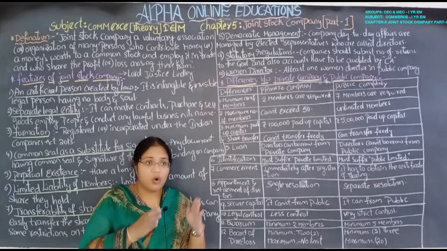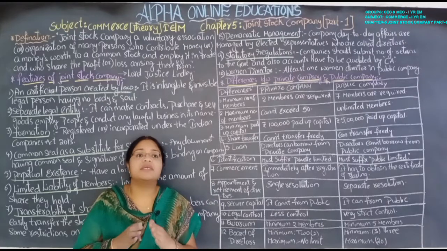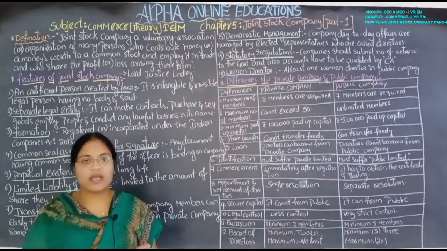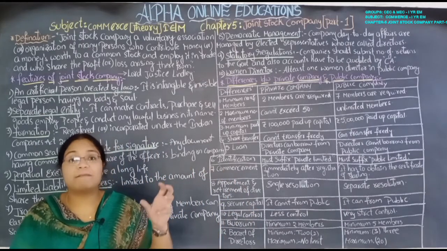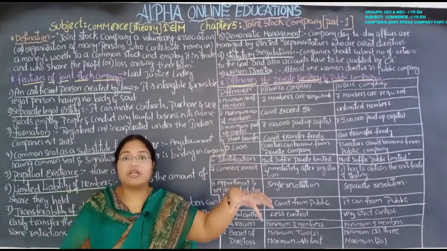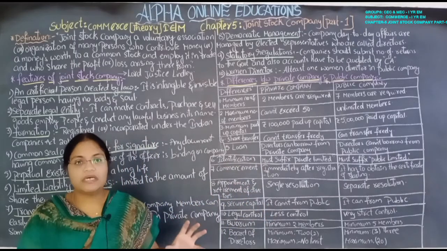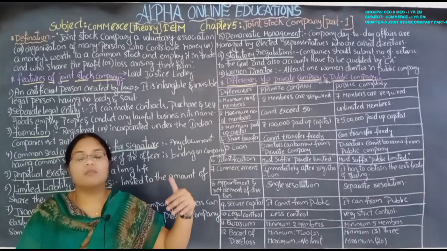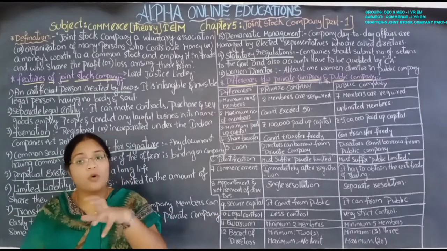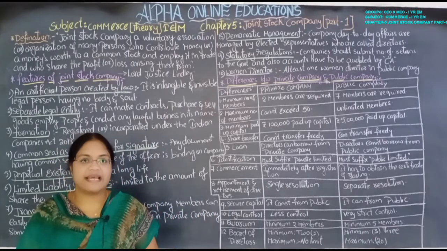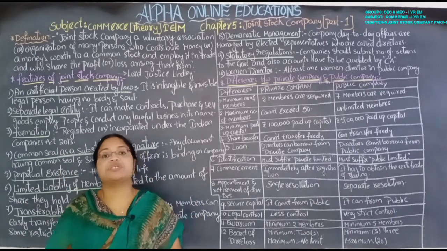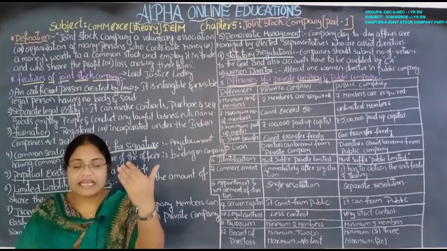Owner and management are also different. Owner means who brings the capital by purchasing the shares. The owner will purchase the shares and contribute the capital to the company. Management means who controls and coordinates the business and takes necessary decisions according to the present situation of the external environment.